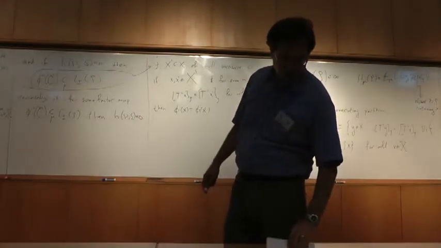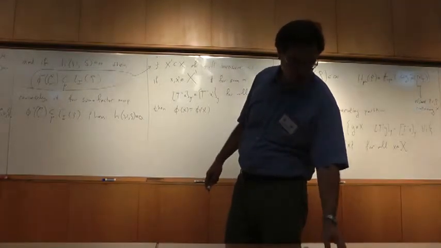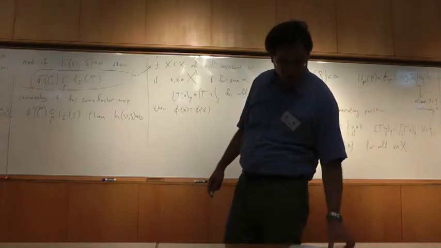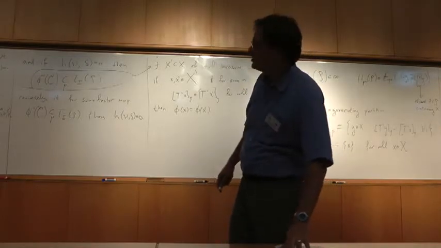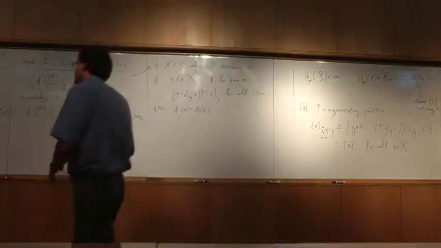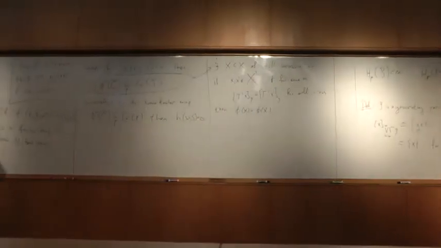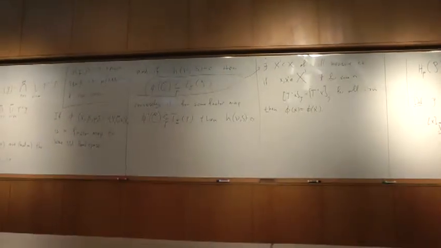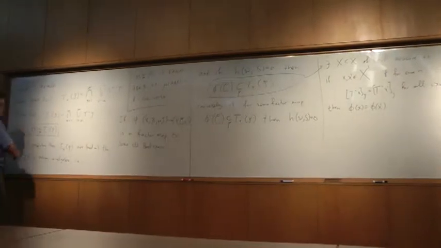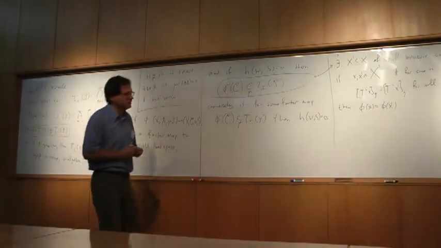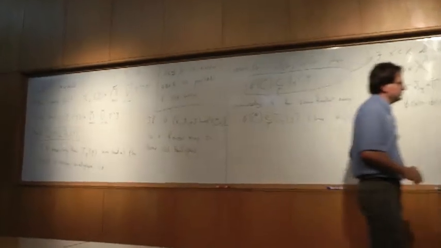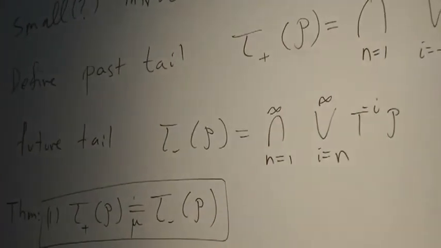Okay, so this was a long detour, or at least a detour. Let me illustrate what this actually means in the case of, let's say, a hyperbolic toral automorphism. And hyperbolic is needed here in a very big sense.